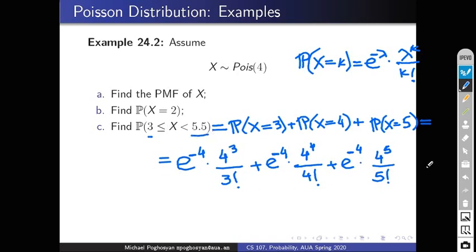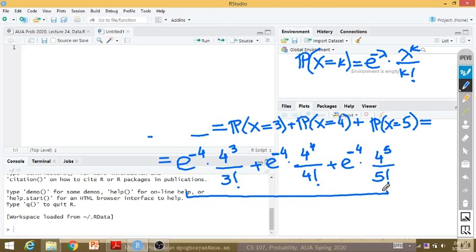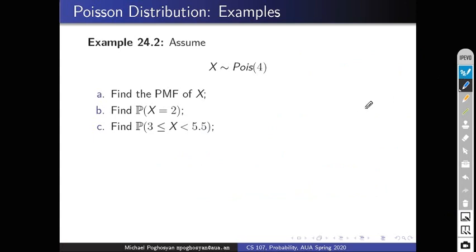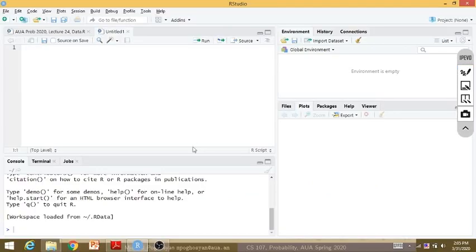Let me calculate this sum by using R. So I'm switching to R. This is my R. Let me erase this. So the name of the Poisson distribution in R is pois.